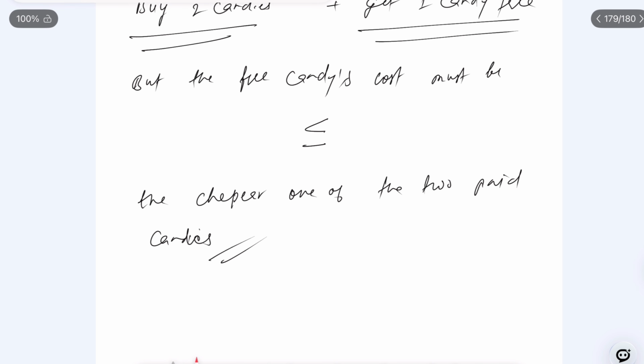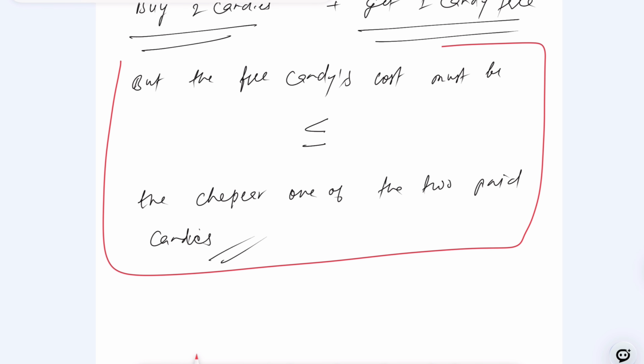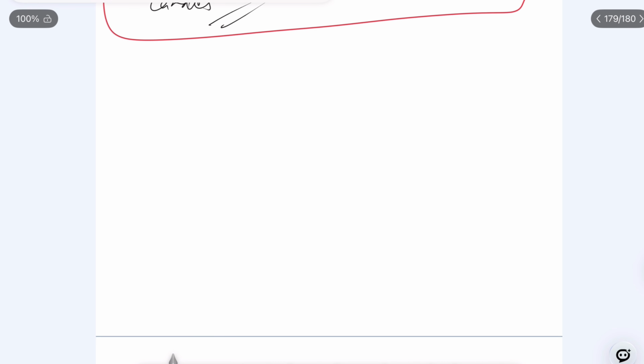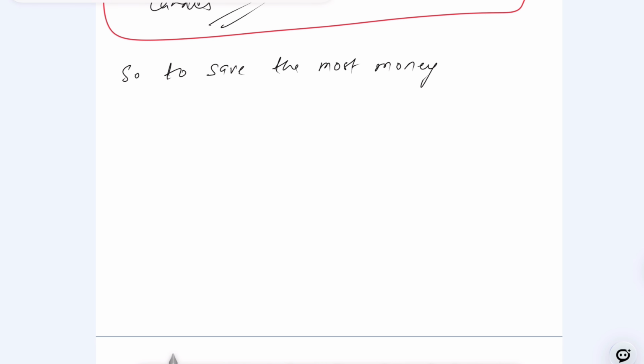If I want to understand the price of the free candy, we can say the free candy's cost must be less than or equal to the cheaper of the two candies that you have bought. What exactly should a candidate understand here? To save the most money, what should you do?